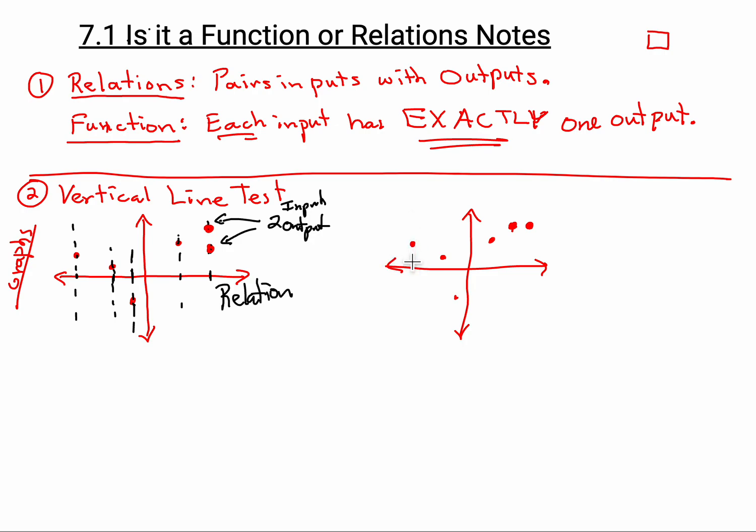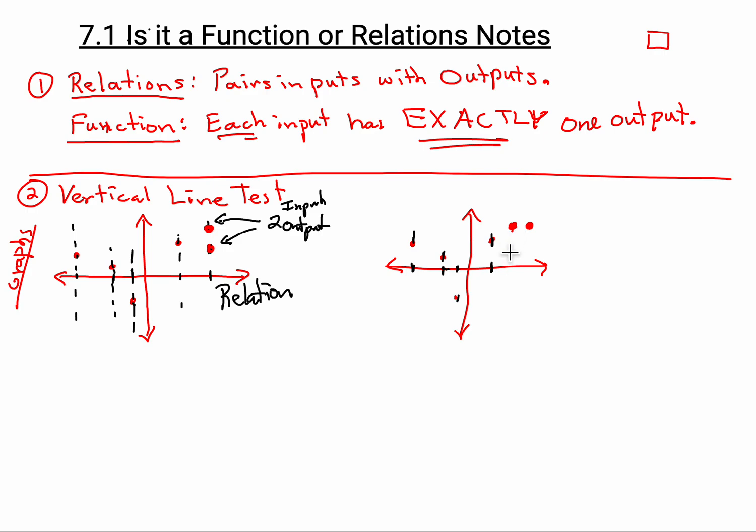So I'm going to start here, and I hit an input that has exactly one output. So I'm starting good. Go to the next input right here and it has one output. This input, the next one has one output. The next one, continue on. Here's my next input, has one output. And then now I get to these doubles, what I like to call the repeaters.